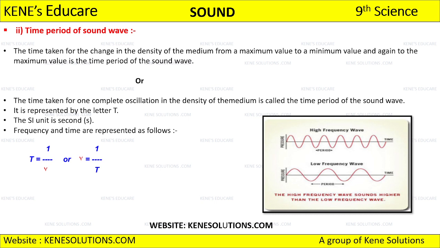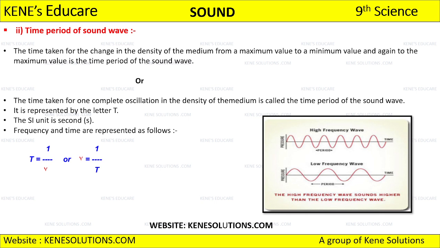So the time taken for one complete oscillation in the density of the medium is called the time period of the sound wave, and we represent that time period as capital T. Because it's with respect to time, the SI unit of time is second, and we represent that as small s.